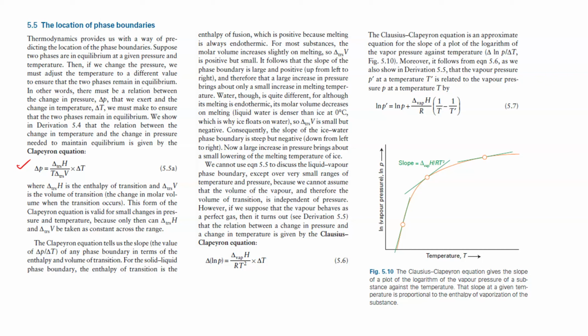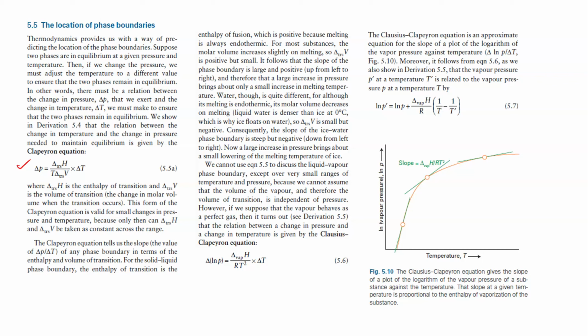The Clapeyron equation 5.5a shows delta P equals the change in transition enthalpy over temperature times the change in transition volume, as a term times the change in temperature for the process, where delta transition H is the enthalpy of transition and delta transition V is the volume of transition, or the change in molar volume when the transition occurs.